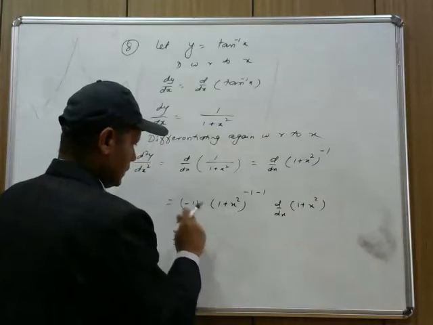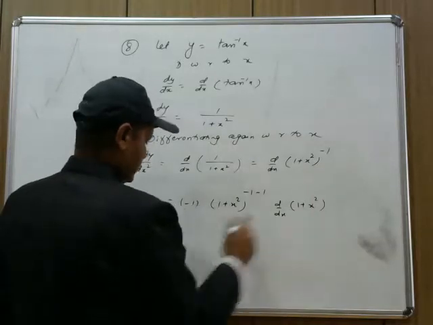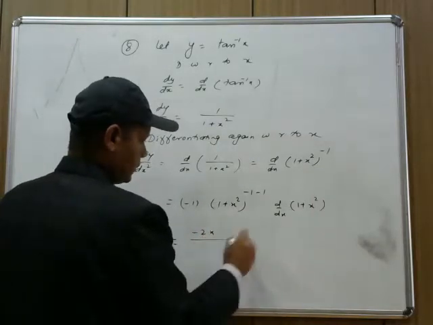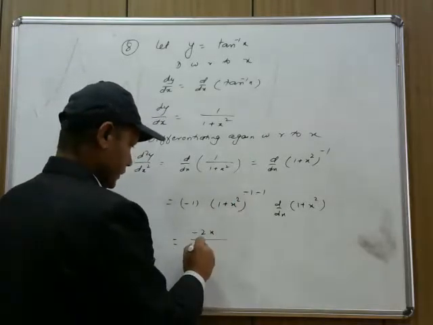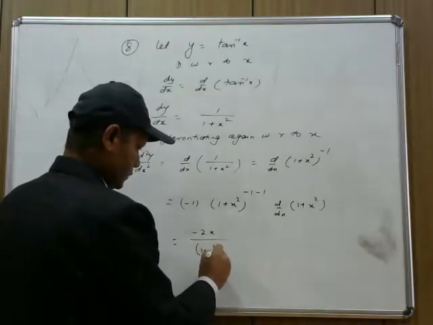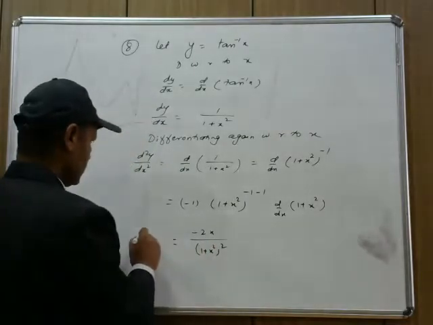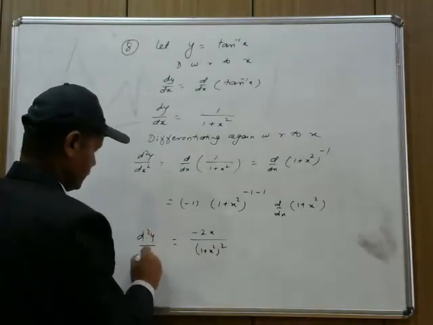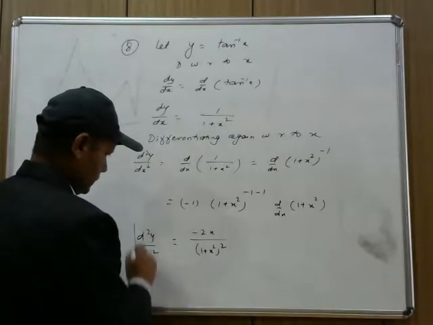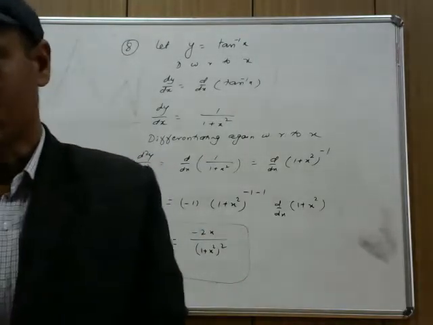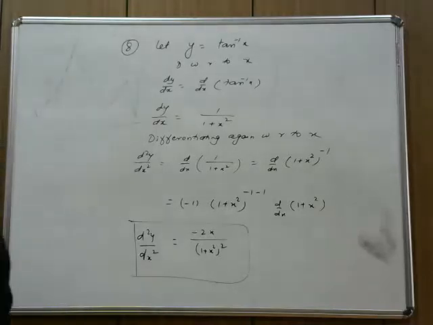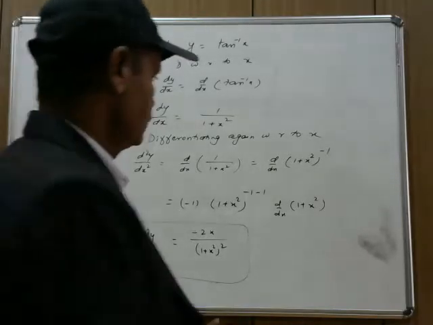So that is minus 1 and 2x, that is minus 2x upon 1 plus x square to the power minus 2, which I can write as 1 plus x square to the power 2. That's why d2y by dx square will be minus 2x upon 1 plus x square to the power 2.